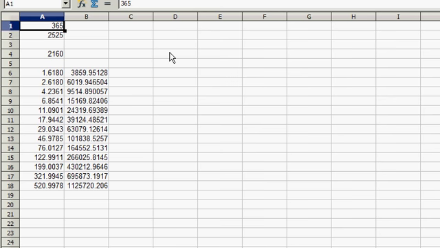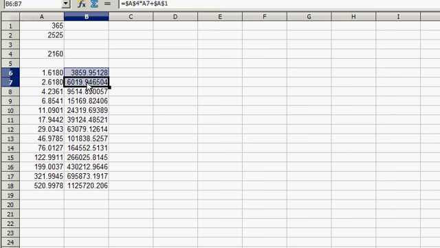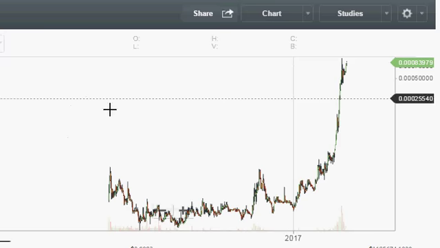So I've put the information in this spreadsheet: a low of 365 and a high of 25. Let's look at every single one of these numbers. The first one, 1.618, or the 161.8%, and the 261.8% bring in levels at roughly 3850 and 6,000.